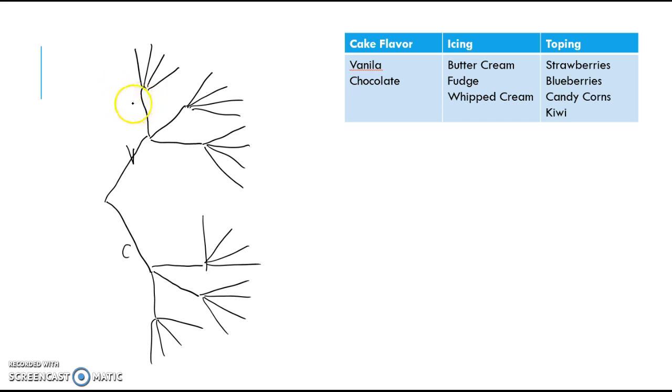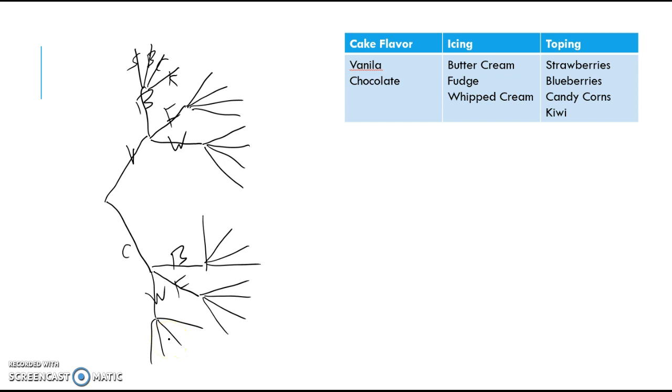And then with my next one here, I've got my buttercream, fudge, and whipped cream. And then those 3 choices with the split down below. And then again, strawberry, blueberry, candy corn, and kiwi. And I can continue to label all of those through.